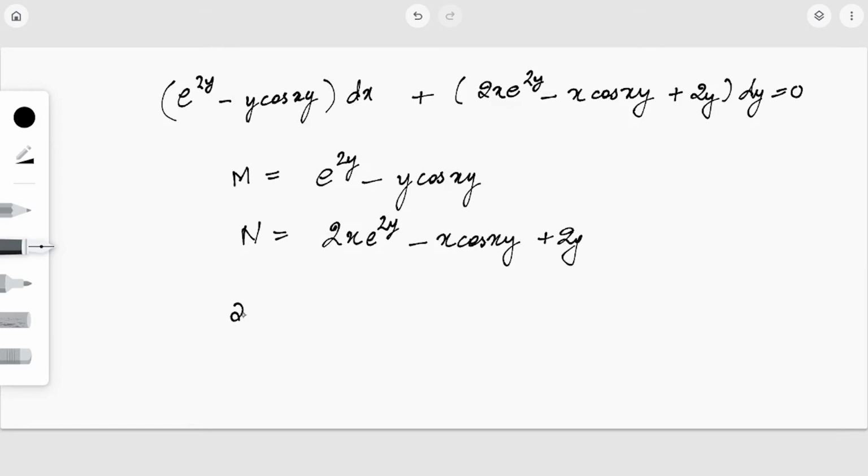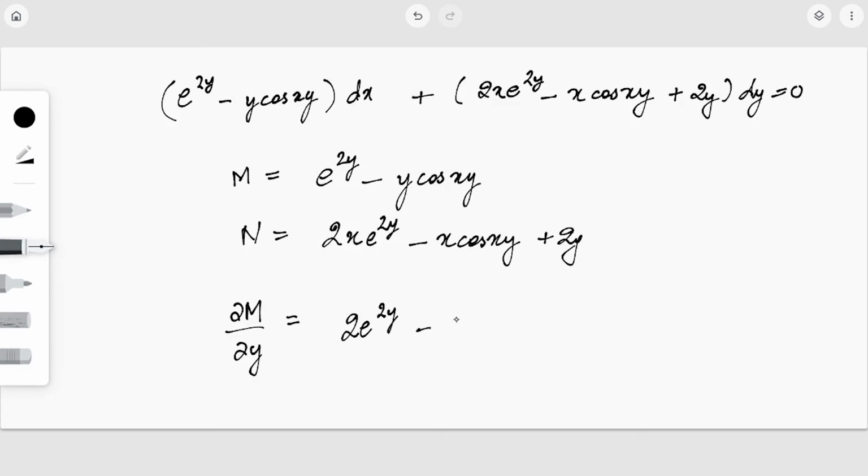So let us find out what is dou M by dou y. Dou M by dou y will be nothing but the derivative of e raised to 2y minus y cos xy. So it will be 2 into e raised to 2y, and for y cos xy we have to apply the product rule.